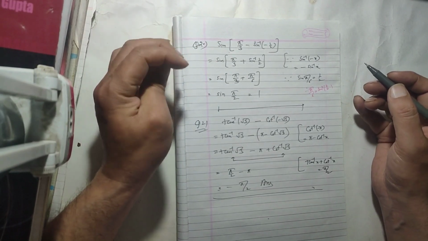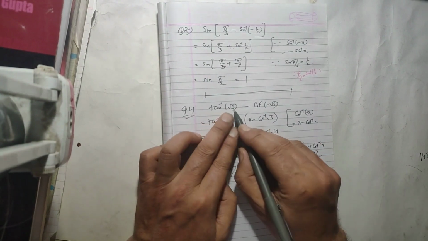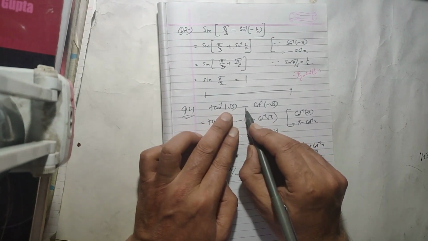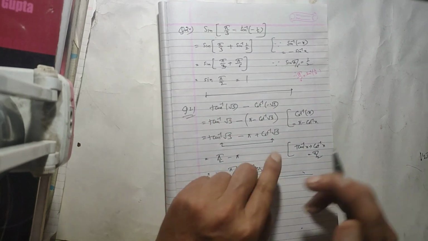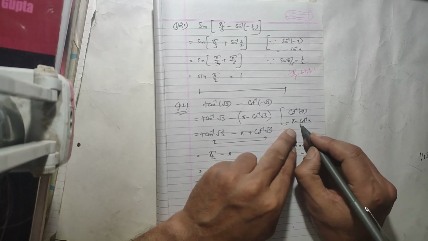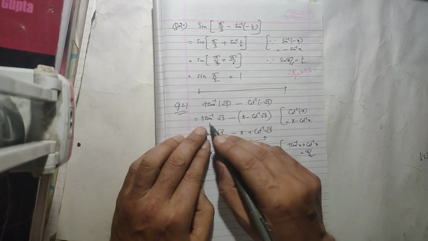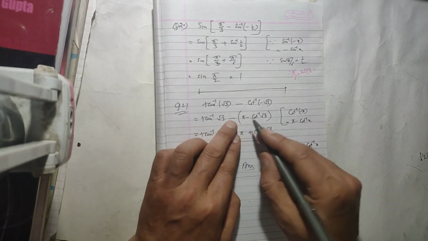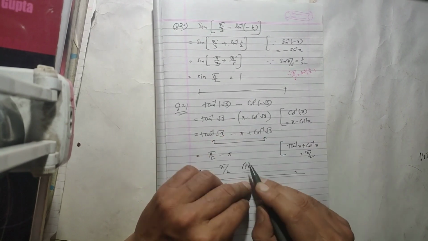In the 21st question we have tangent inverse root 3 minus cotangent inverse of minus root 3. Now you know that cotangent inverse of minus x is equal to pi minus cotangent inverse x. Now it can be further written as tangent inverse root 3 minus, instead of this we can write pi minus cotangent inverse root 3.